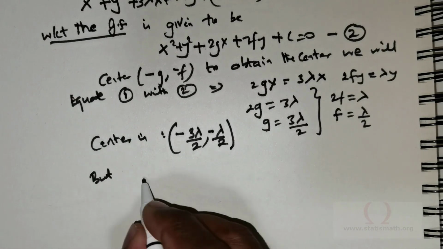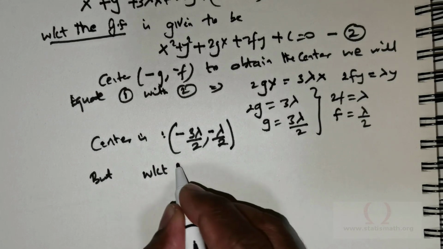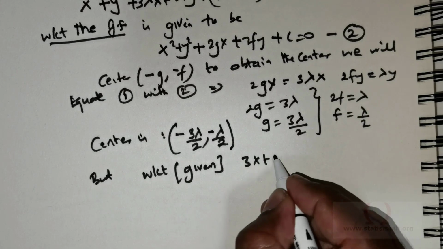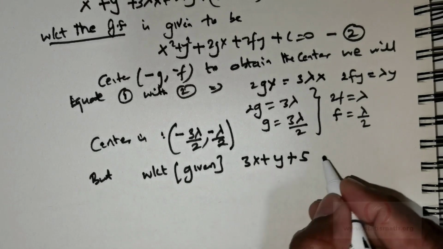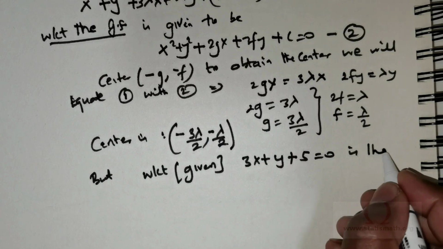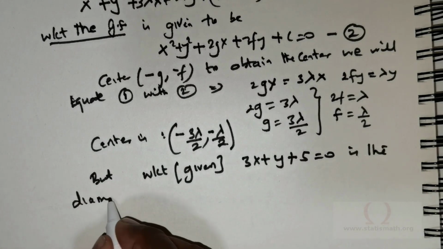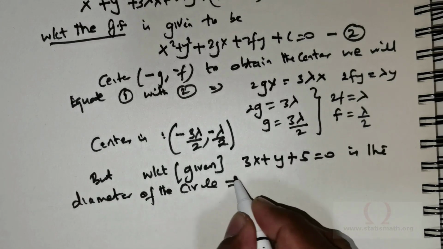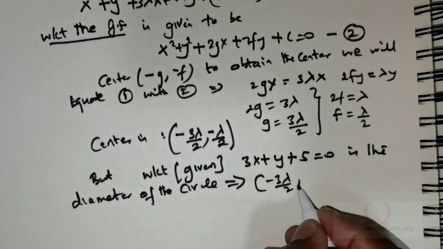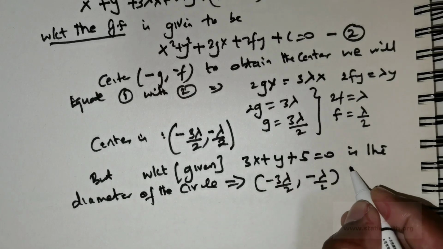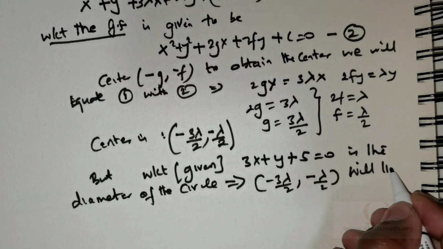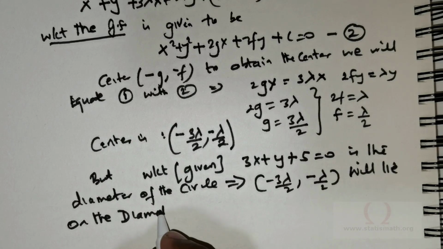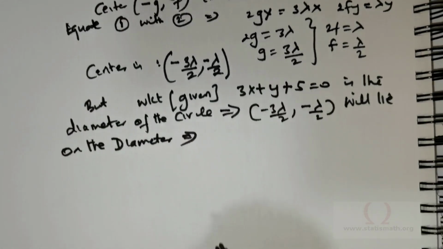But we know, or we can use the word given, that 3x + y + 5 = 0 is the diameter of the circle. So this would mean (-3λ/2, -λ/2) will lie on the diameter because it's the center.